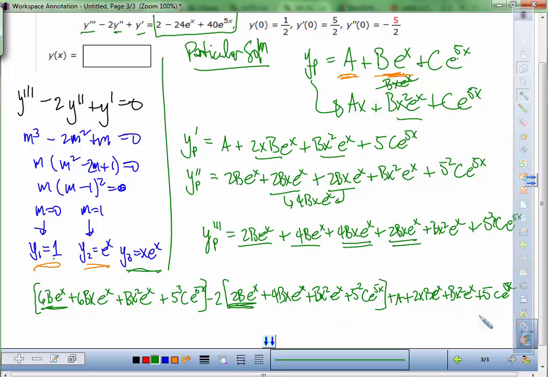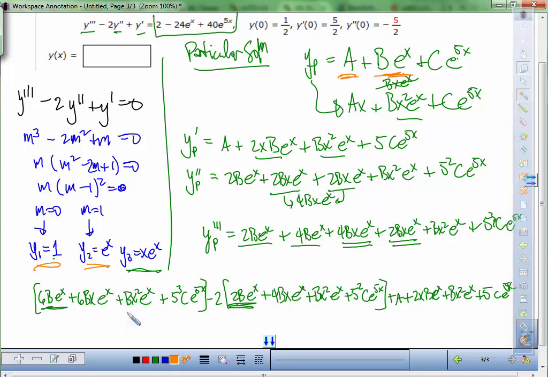Anything with just a plain e to the x is what I want to collect. Let's see if we can collect some other stuff.